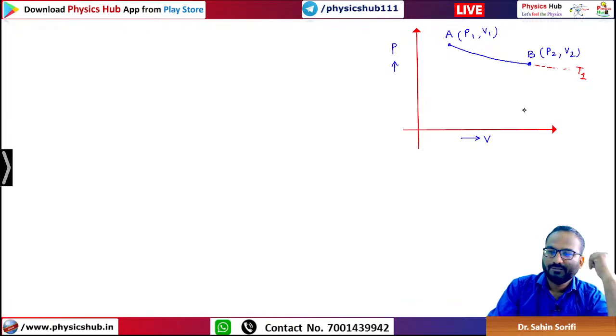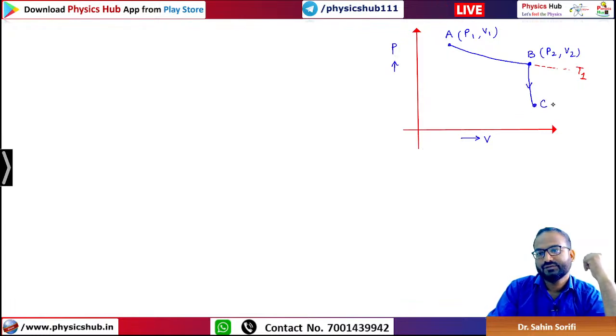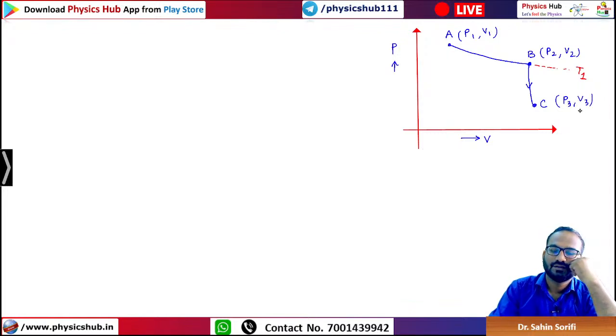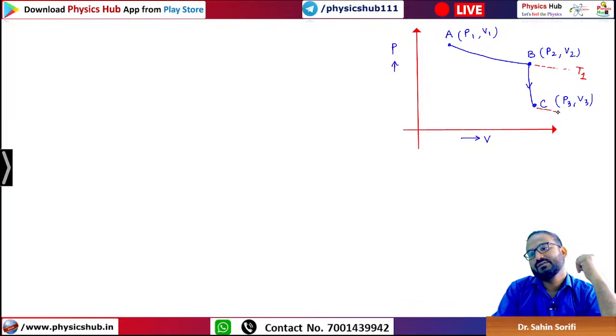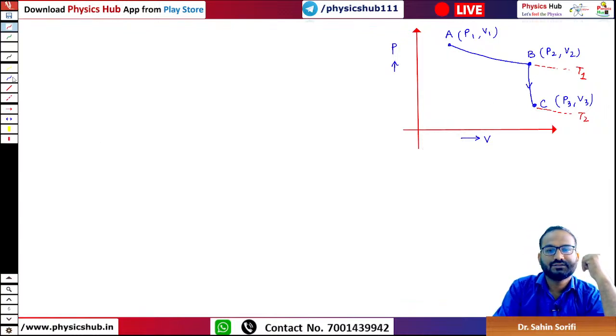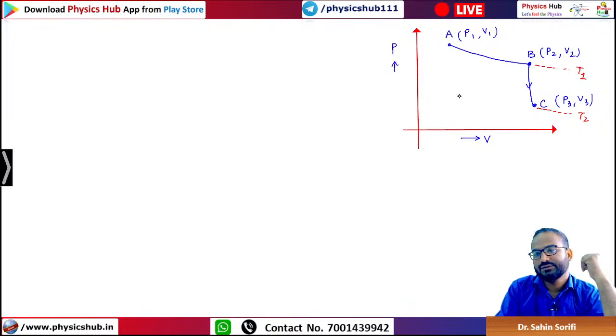Then from B to C, it is going via adiabatic expansion. Here let us say the pressure volume values are P3, V3. Now from C to D, it will go via isothermal compression, maintaining a constant temperature.